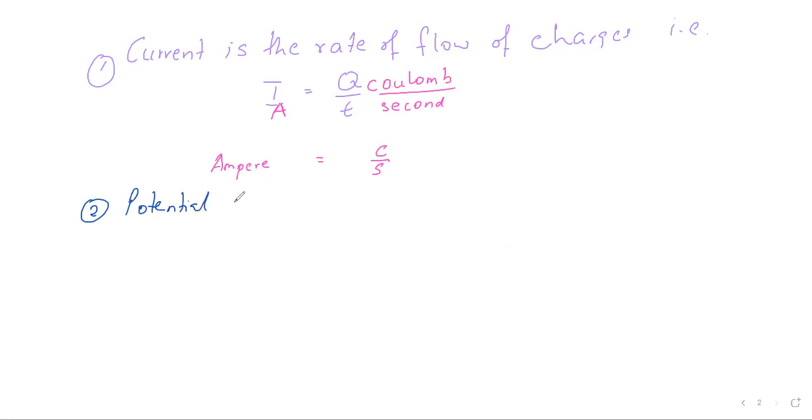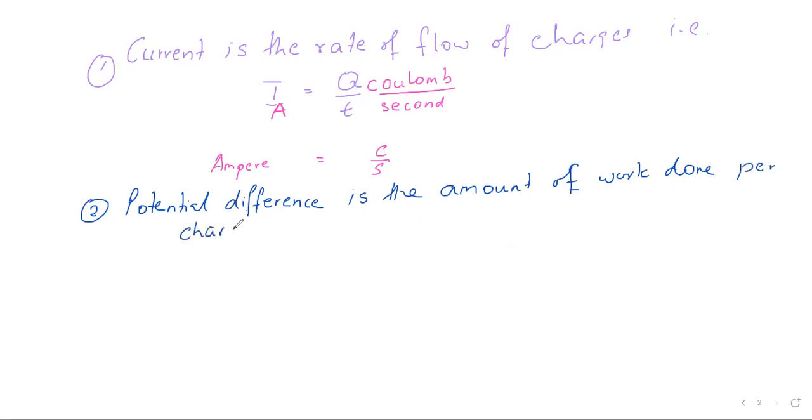Potential difference is the amount of work done per charge, that is the potential difference is work per charge.